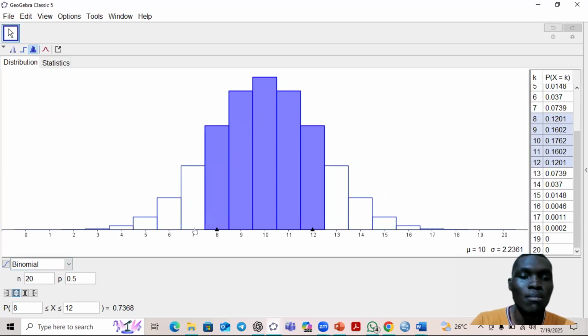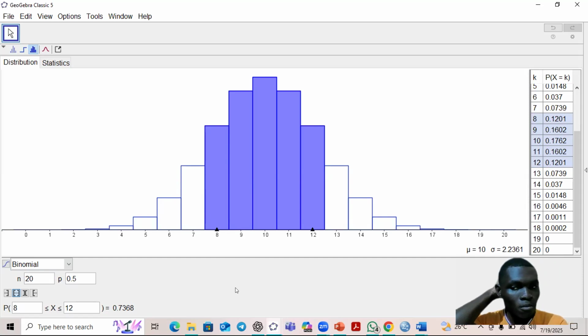Now, a binomial distribution is a probability distribution that models the number of successes in a fixed number of independent experiments or trials, where each trial has only two possible outcomes, a success or a failure. When it comes to a binomial distribution, we deal with n, a fixed number of trials.